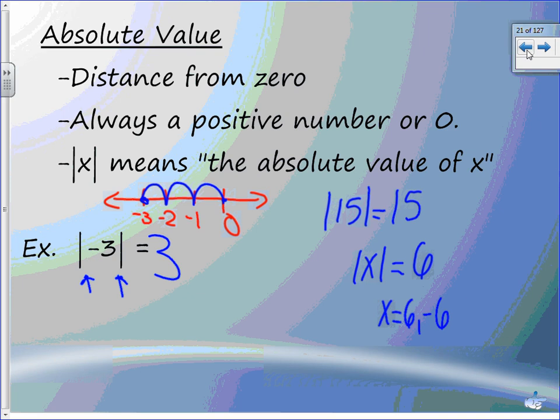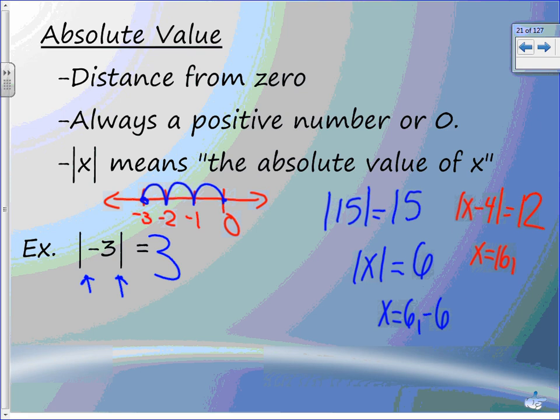How about if the absolute value of x minus 4 equals 12? What is x? 8 or 16? You said 8? Does 8 work? No, plus or minus. Does negative 8 work?